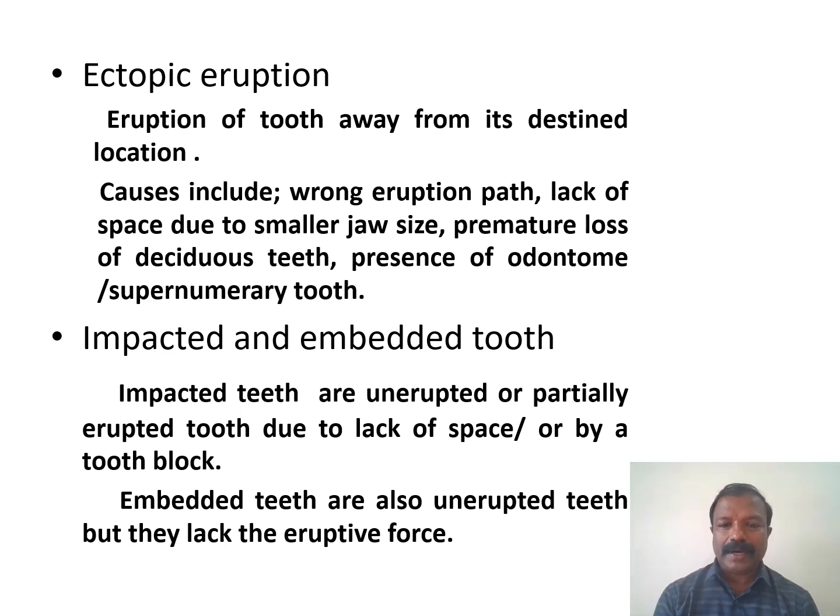Impacted teeth are unerupted or sometimes partially erupted teeth due to a lack of space or by a tooth block. Embedded teeth are also unerupted, but they actually lack the eruptive force. There is no mechanical block or obstruction, but the tooth lacks the eruptive force. That is what is meant by embedded tooth.